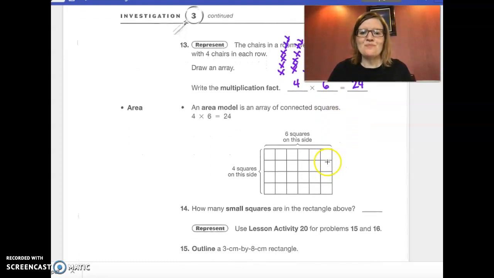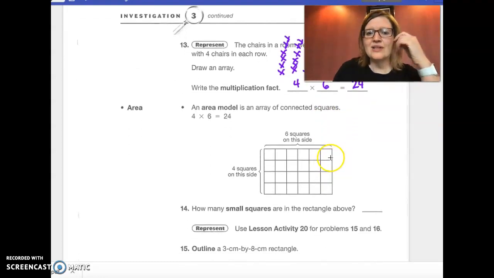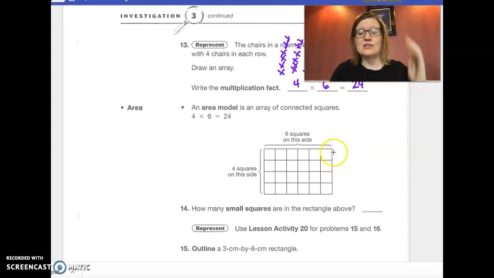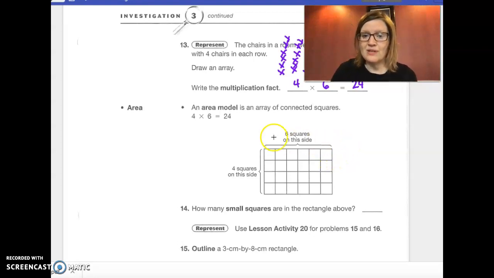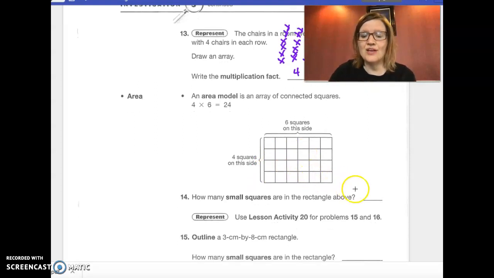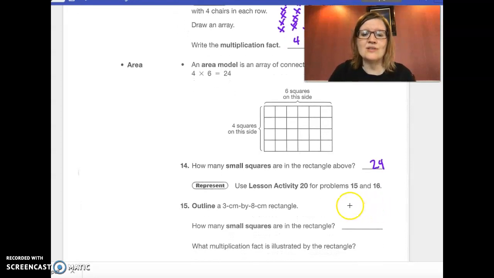And now, an area model is an array of connected squares. This is how we determined area of a rectangle. How many squares are in the rectangle that are shown? You can count this, and you will note that there are 24 squares, and we use this for 24 square units.